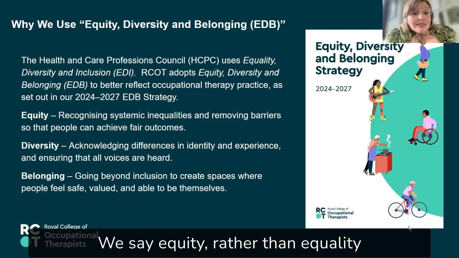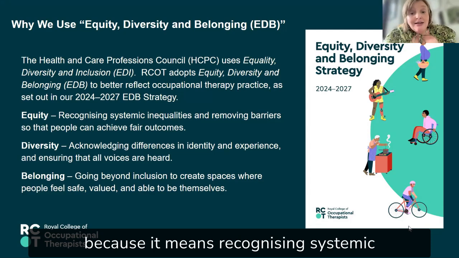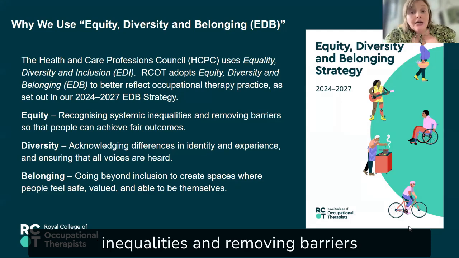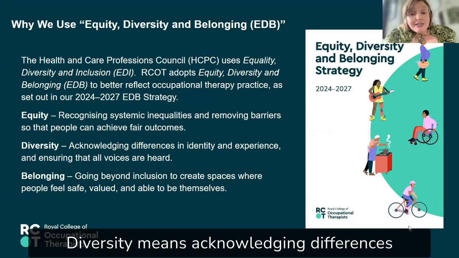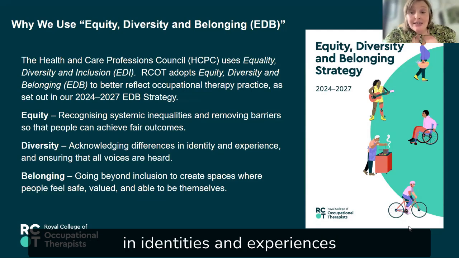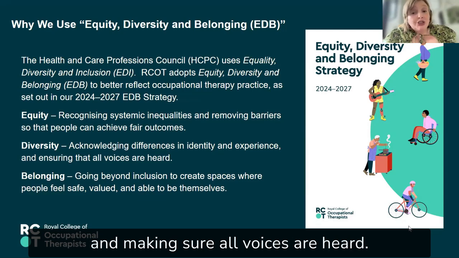We say equity rather than equality because it means recognising systemic inequalities and removing barriers so that people can achieve fair outcomes. Diversity means acknowledging differences in identities and experiences and making sure all voices are heard.